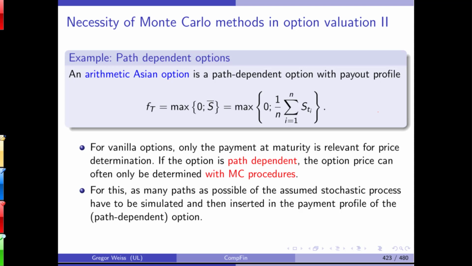The maximum of 0 or the average stock price over the whole lifetime of the option. So every stock price between t equal to 0 and t being the terminal maturity will influence the payout of the option. And this, as you can imagine, makes solving the Black-Scholes model impossible immediately. So we need Monte Carlo simulations for this.